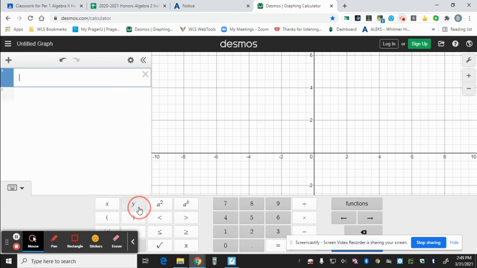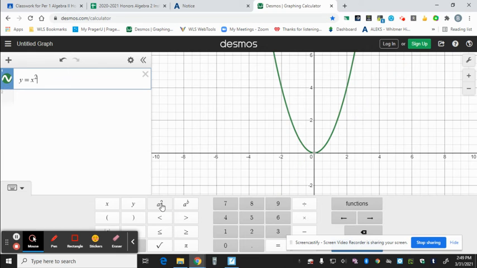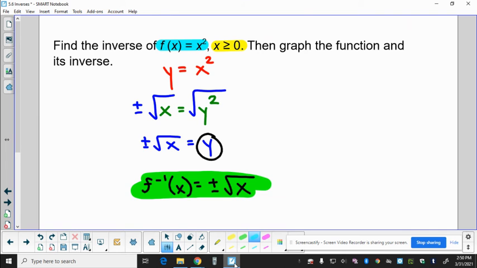The first equation is y equals x squared. Okay, so we look at that. That's our original. And in Desmos, you could probably even type function notation, but we don't need to.